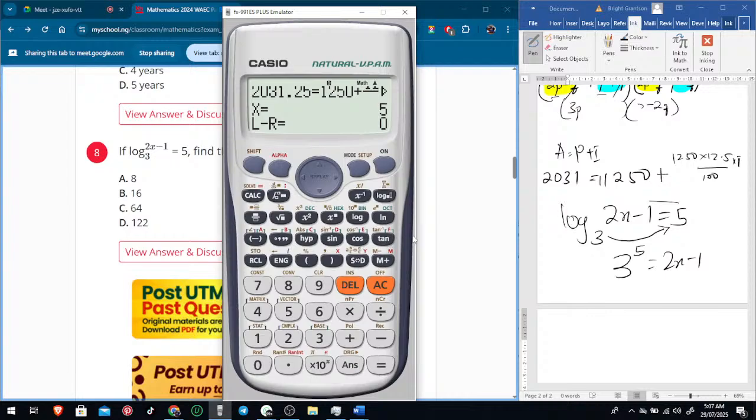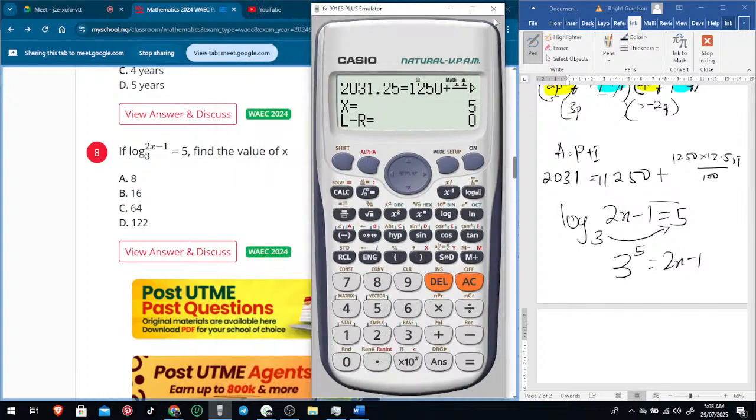My calculator is freezing. What's 3 exponent 5? Let me use the calculator on my phone. Are you seeing it on the screen? It seems you can't see my screen, even the Microsoft is here. Yes, that's why we couldn't follow that one. When I was doing the calculator stuff, you couldn't see it. Let me show my whole screen.